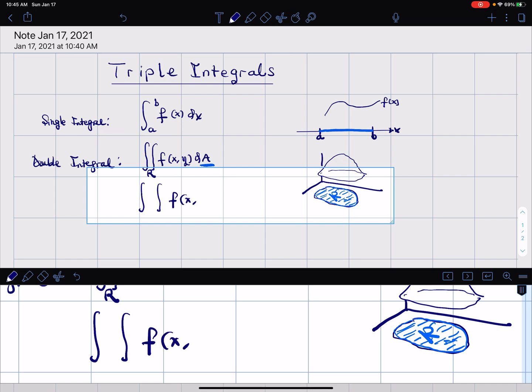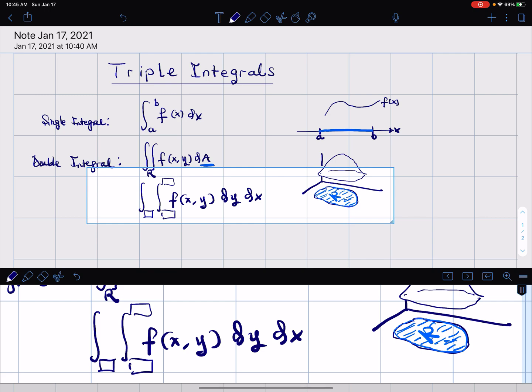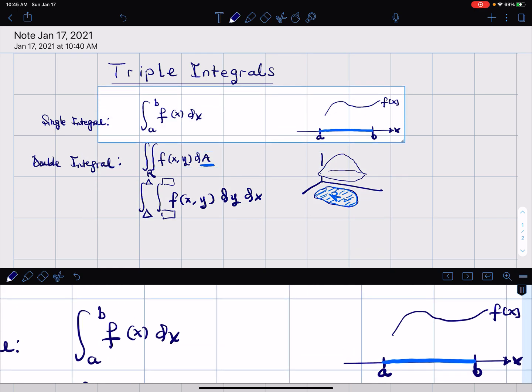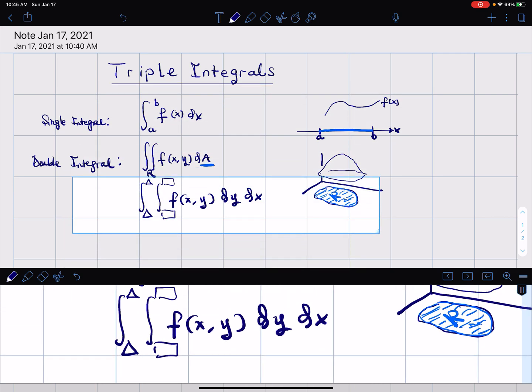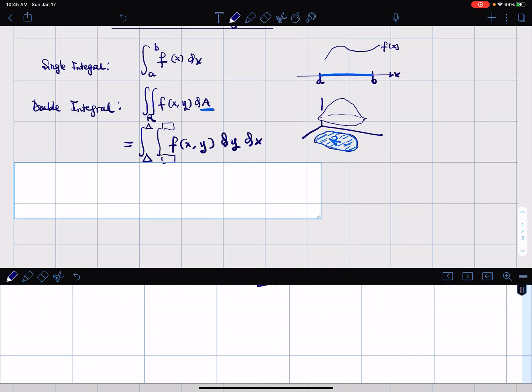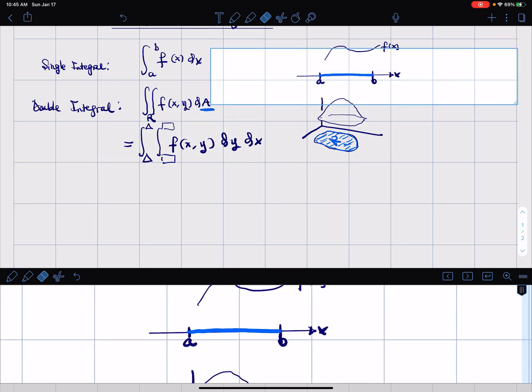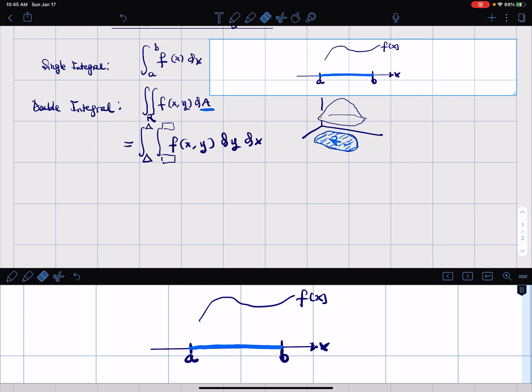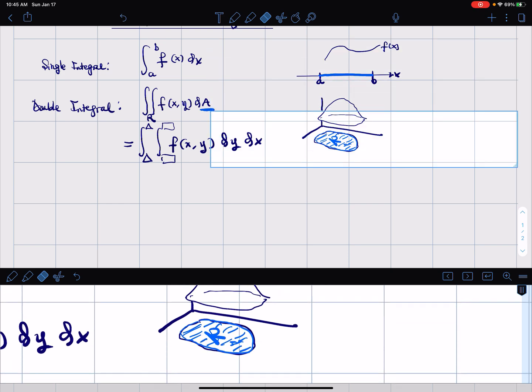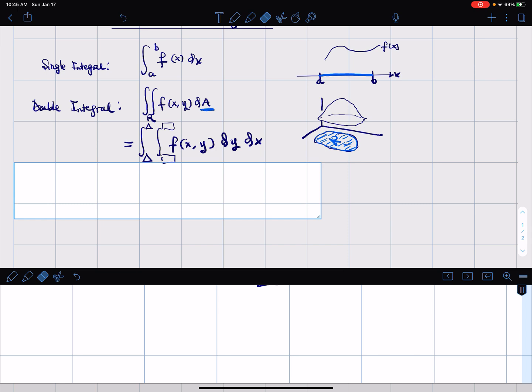We need to be able to change this to dy dx, and then figure out what goes in each bound. For a single integral, we just get the two bounds and evaluate it, but in this case we need to set it up. But that's not our focus here. My focus is to show you how we progress: from a function of one variable, an interval, to a function of two variables, a region, and then a function of three variables.